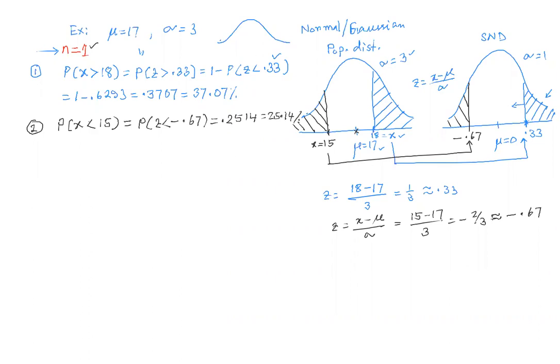So there is about a 25% chance that a randomly selected student will spend less than 15 hours per week studying.